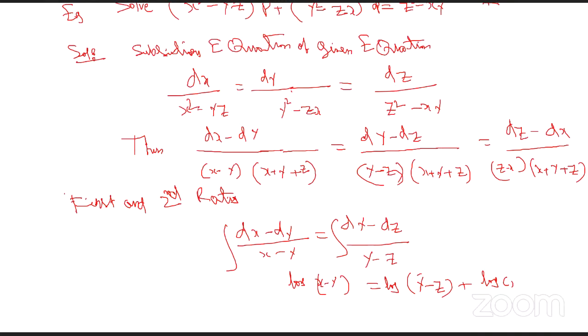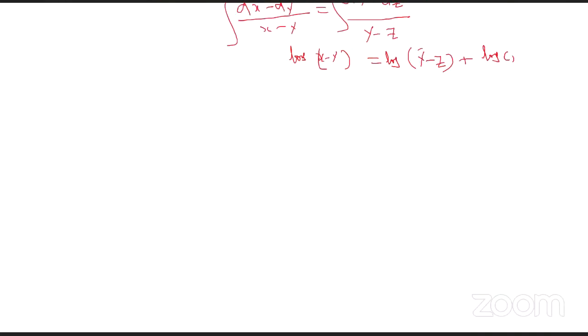By logarithm properties, log of x minus y whole divided by y minus z equals log c1. So log gets cancelled, then x minus y whole divided by y minus z equals c1.